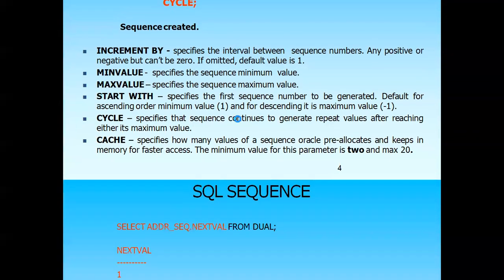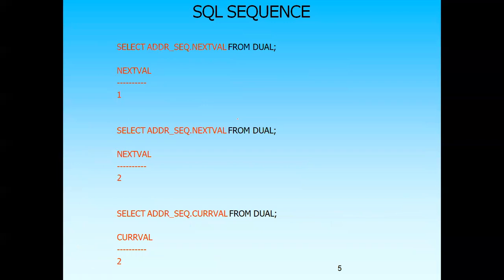When we create the sequence and want to insert data into the table, we use that sequence in the insert operation to insert these values automatically. We can use some parameters for this, which are nothing but next value and current value.